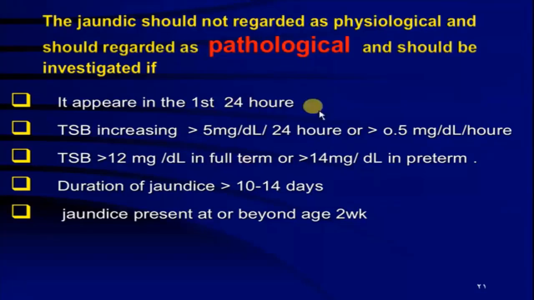Now, jaundice should not be regarded as physiological and should be regarded as pathological and investigated when we think that it may be pathological. It appears in the first 24 hours; TSB increasing more than 5 mg per deciliter per 24 hours or more than 0.5 mg per deciliter per hour; TSB more than 12 mg in full term or more than 14 or 15 mg in a preterm infant; duration of jaundice more than 10 to 14 days; jaundice present at or beyond the age of 2 weeks.